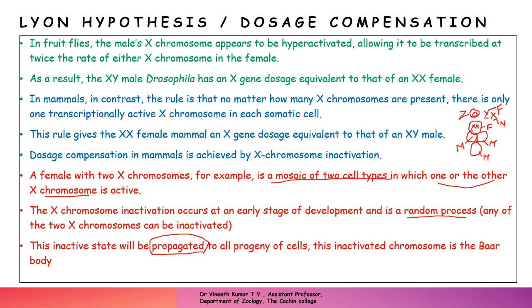Propagation is in the sense that, for example, I take this particular cell where the father's X chromosome is activated, and please assume that this cell will divide and form two cells, four cells, etc. This is going to form part of the skin, the ectoderm.